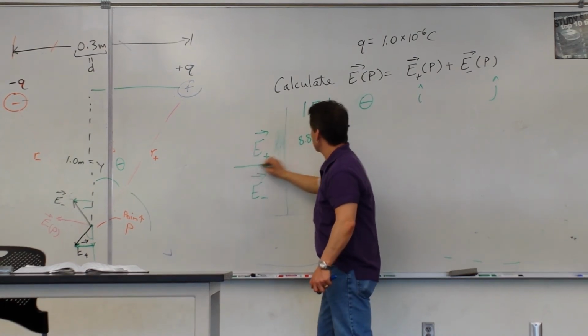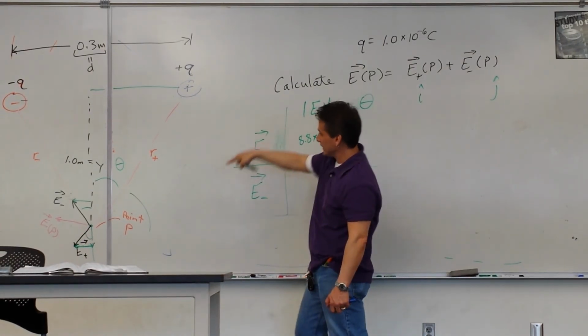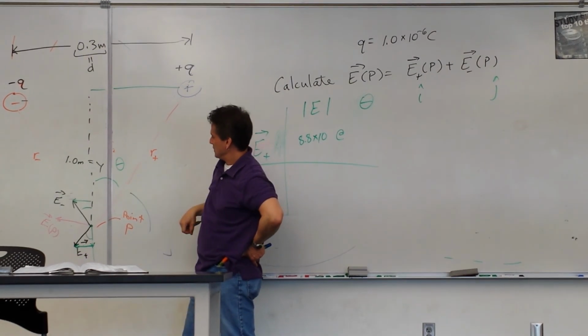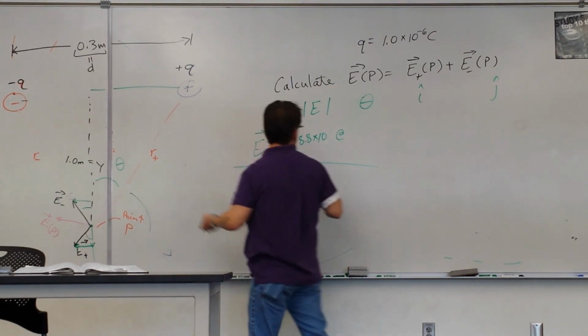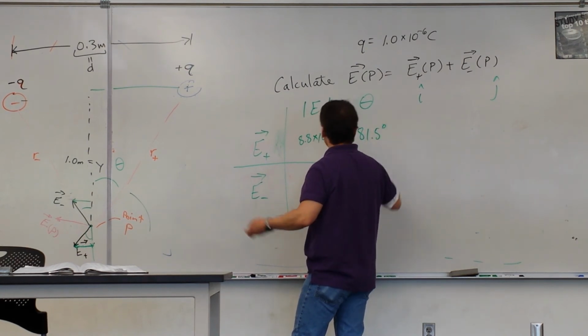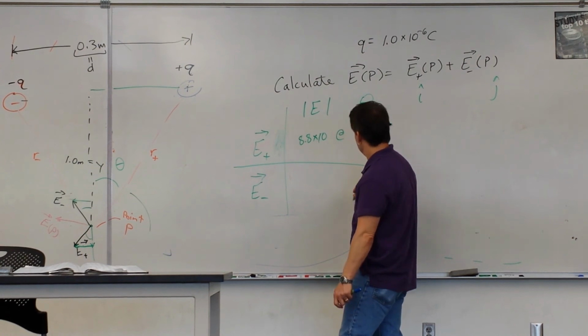Okay, so that's this number here. So I'm just gonna make a little table here. What's the angle? Now, you may have used a different angle. I used that one, which is about 81.5 degrees, which makes that other one only about 8.5 degrees. Yeah.